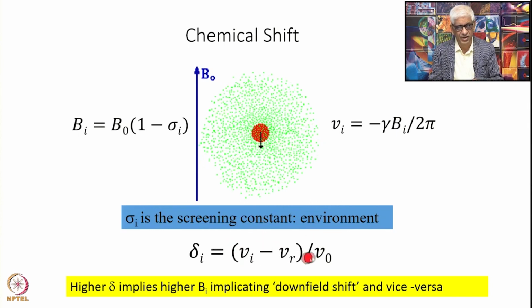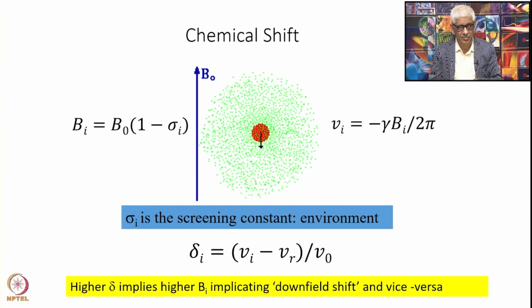This is a very small number compared to nu naught, which is your spectrometer frequency and corresponds to B naught. So you multiply by 10 to the power 6, and that is called ppm. Delta i is expressed in ppm.